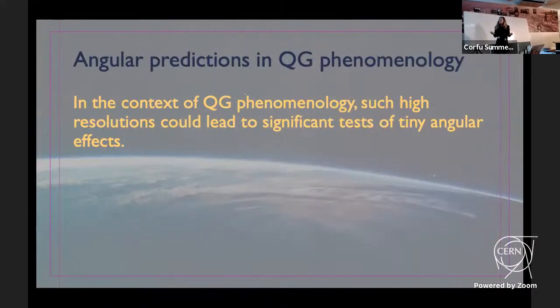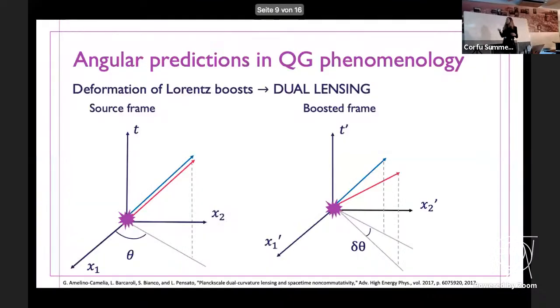So now, in the context of quantum gravity phenomenology, such high resolutions could lead to significant tests of tiny angular effects, because we expect that any quantum gravity effect is suppressed by our energy scale, that is the Planck mass. So let us consider one prediction that is known in quantum gravity phenomenology and associated to angles, known as dual lensing.